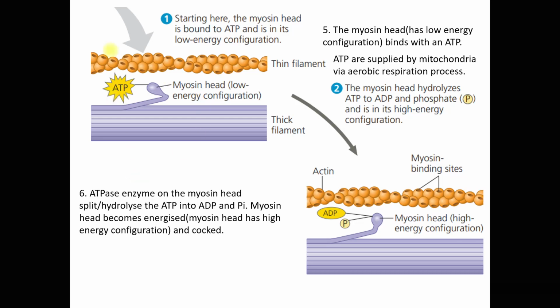Now ATPase on the myosin head will split or hydrolyze the ATP into ADP and Pi. When that happens, the myosin head becomes energized and cocked. This is cocked. Initially it was like this in its low energy configuration. Hydrolysis of the ATP causes the myosin head to be energized, or to have a high energy configuration, and cocked.